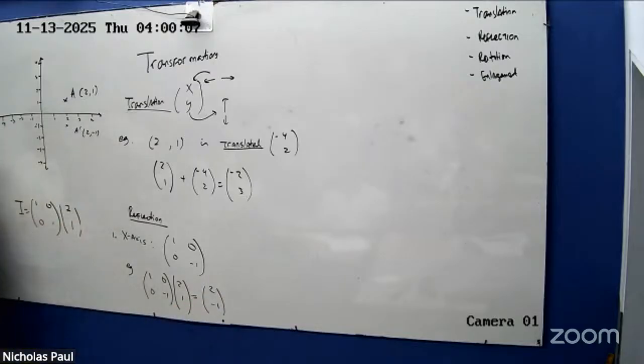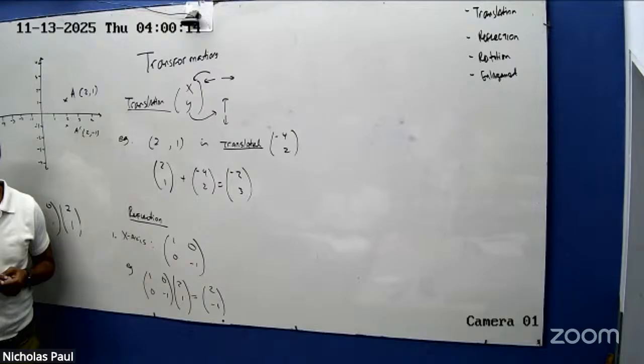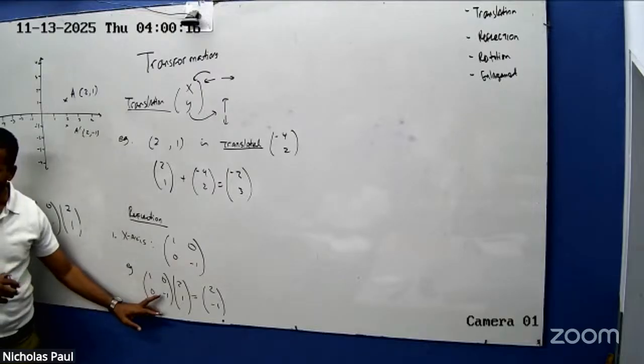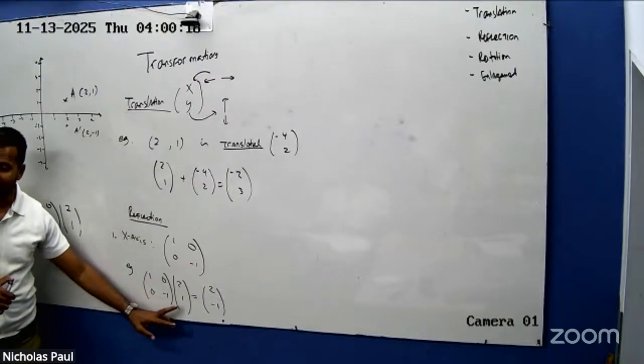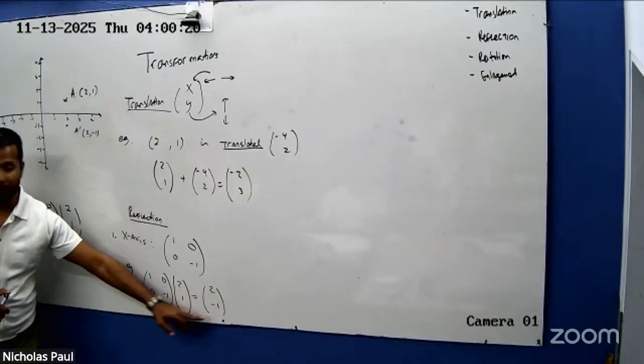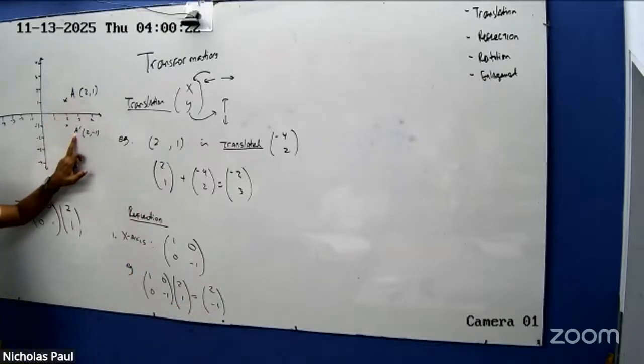That's okay? Anybody confused? All okay? So whenever you multiply the matrix by the object, you get the image. This is the object, this is the image. Write this down.